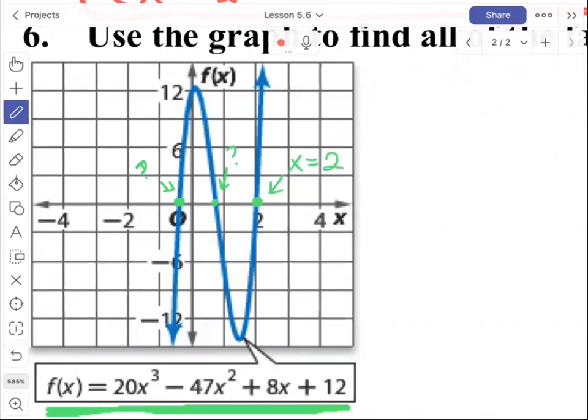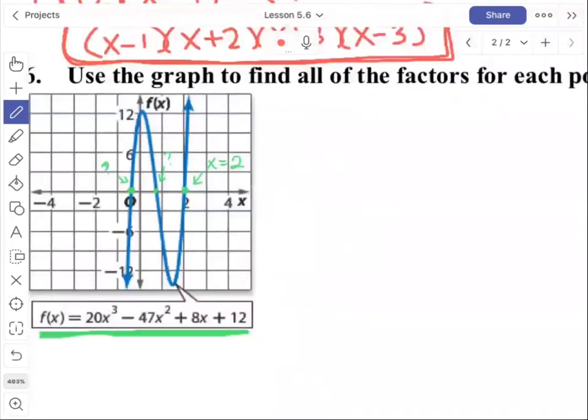So that means x is equal to 2 is a 0 of the function, which means x minus 2 is a factor.